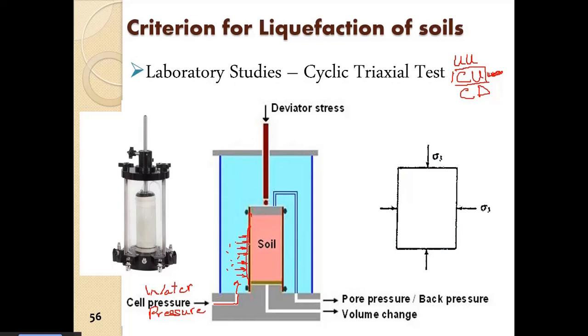So only the stresses act on the soil, and the water cannot penetrate from the cell into the soil. Obviously there are drainage paths, if we want to allow drainage from and into the sample, and we measure the pore water pressure inside the soil sample.